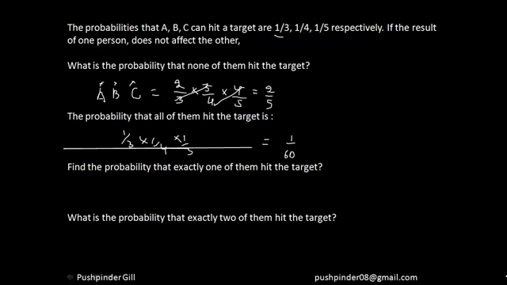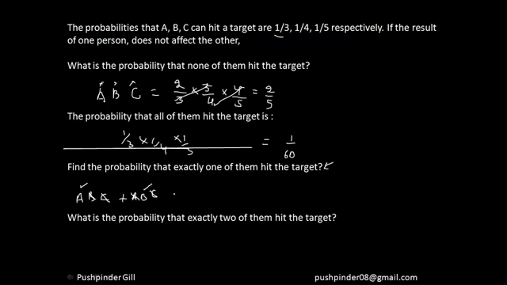Now we have to find the probability that exactly one of them hits the target. Now this is a little bit tricky case. So there are 3 cases in that. The probability that A hits the target and B doesn't and C doesn't, plus another case that A does not hit the target but B does and C doesn't.